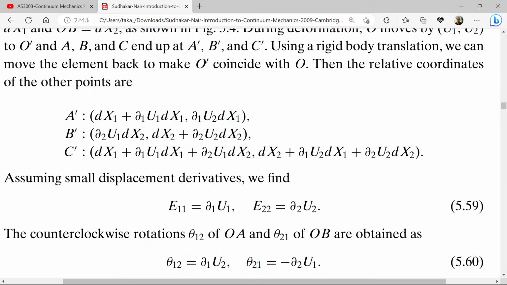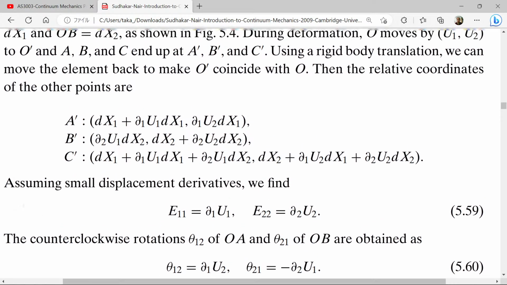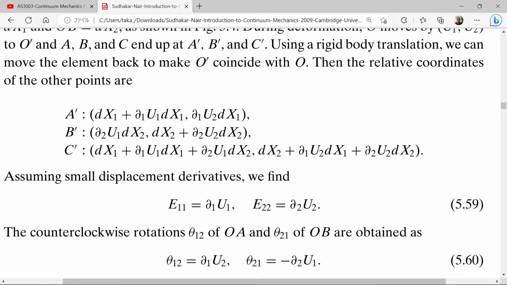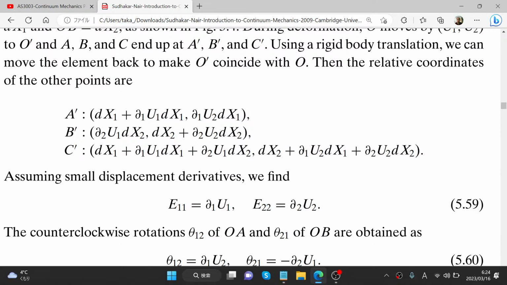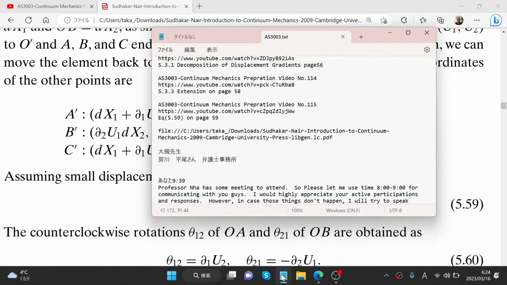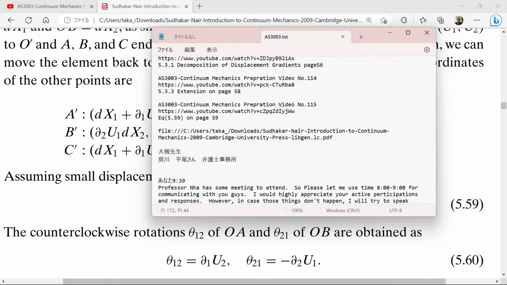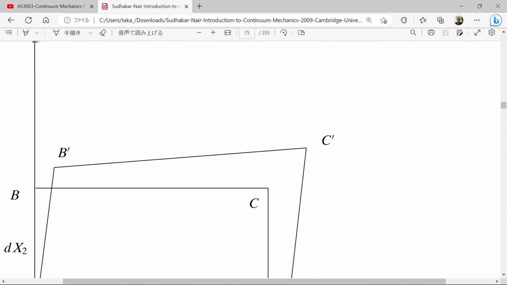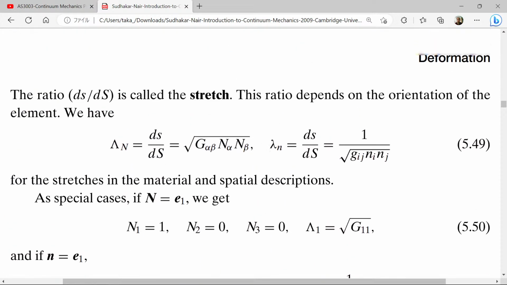It says we find E11. I think this should be the one. We do equation 559. So for E11, we have to see E11, right?